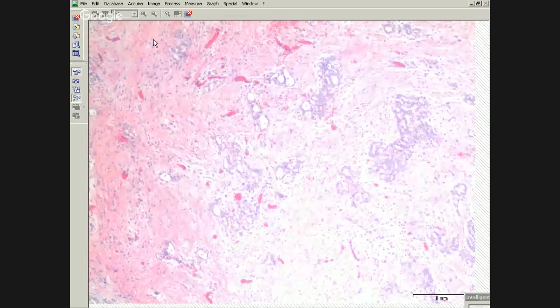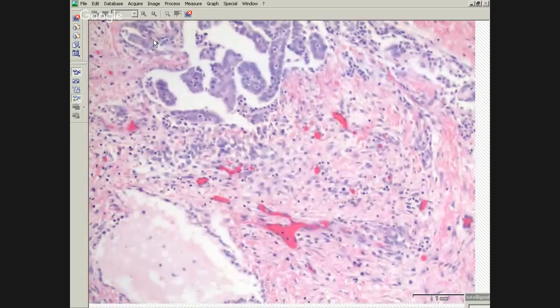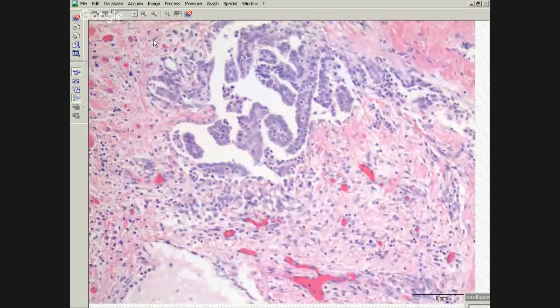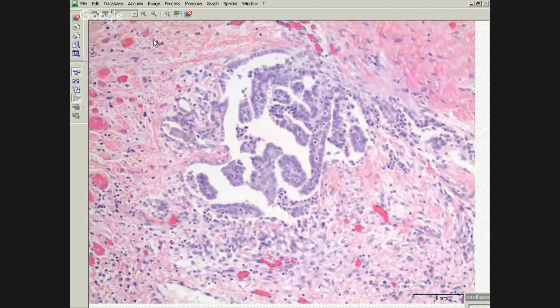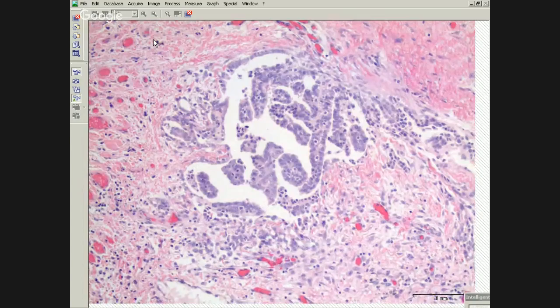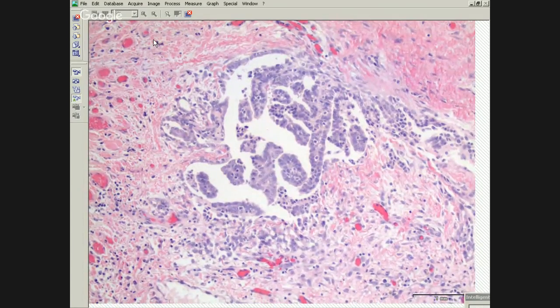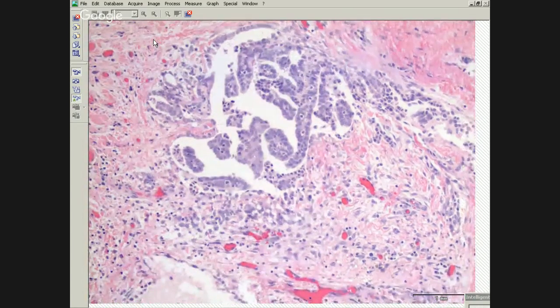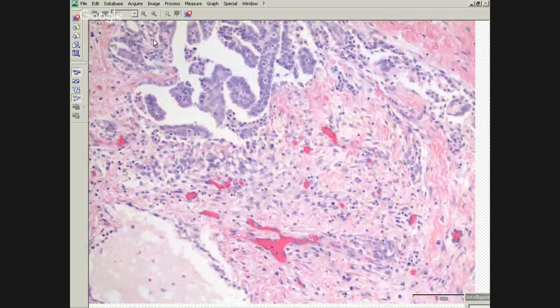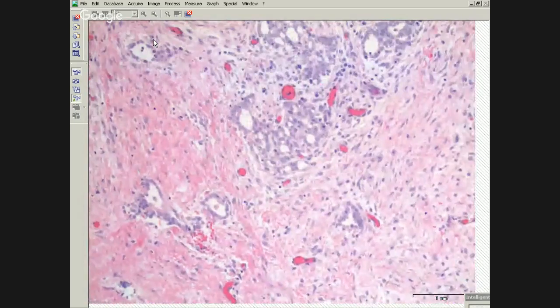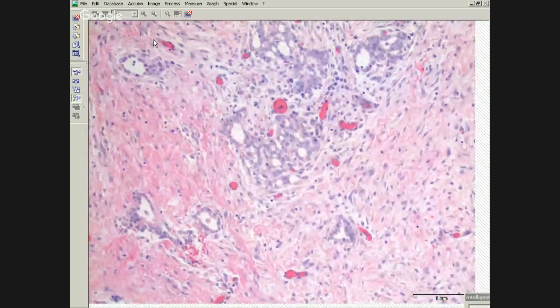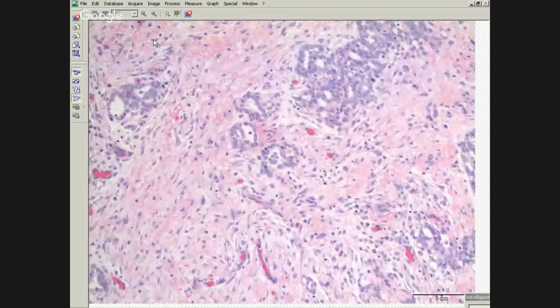The cells are deceptively bland, which is a classic morphology, as is this papillary and tubular appearance. You have cuboidal cells infiltrating and forming papillary structures. You don't see much in the way of mitoses in this case. And here we have some forming a reticular, lacy type pattern.